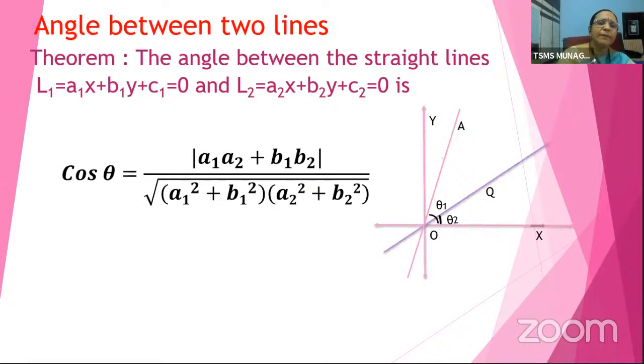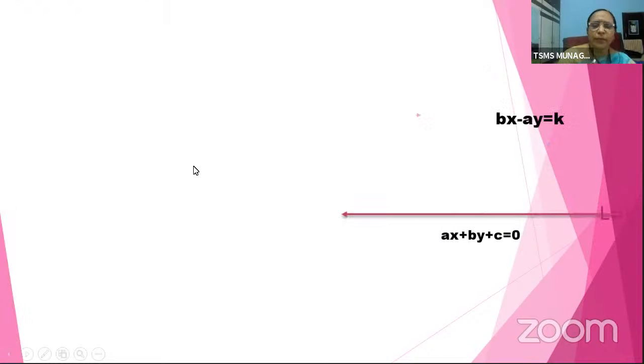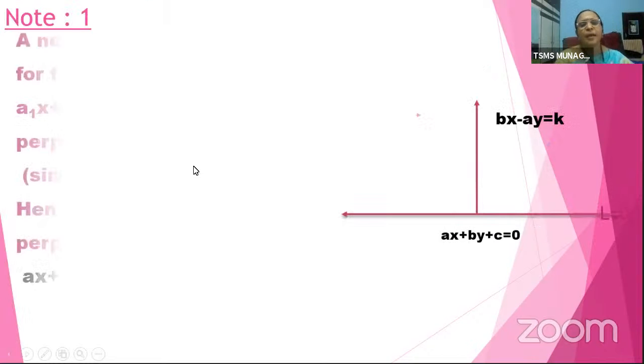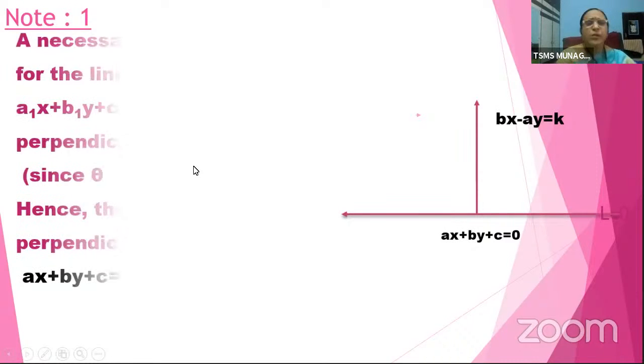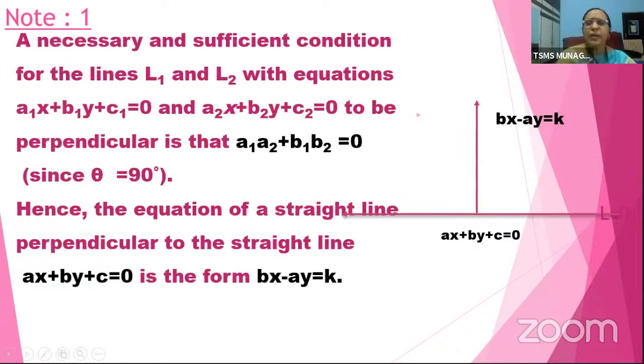We all know that cos 90 degrees is 0, so from the formula the denominator will become 0 here, and we will only have the numerator, which you can see as the condition in the next slide. So here it's perpendicular. The condition is A1 A2 plus B1 B2 is equal to 0.